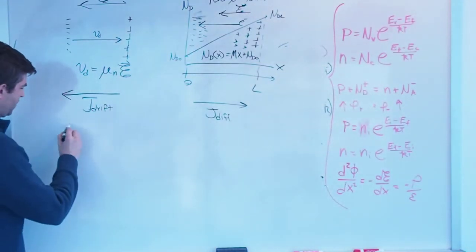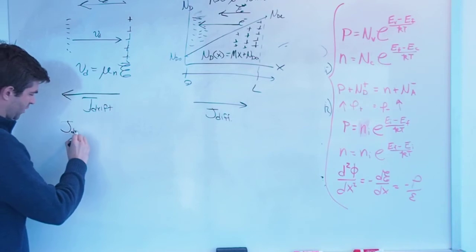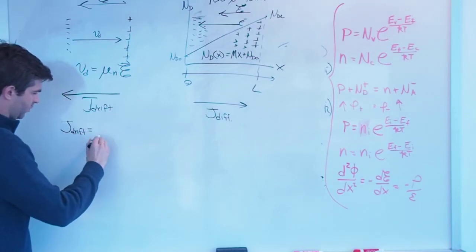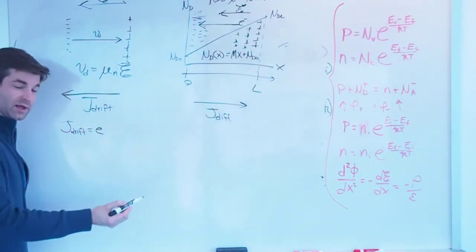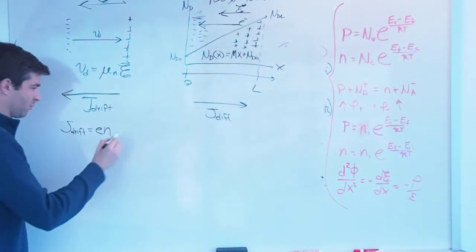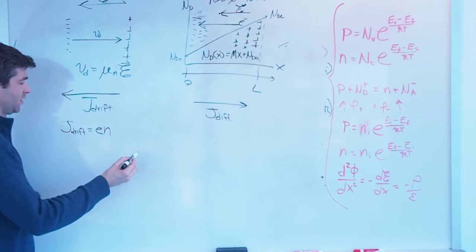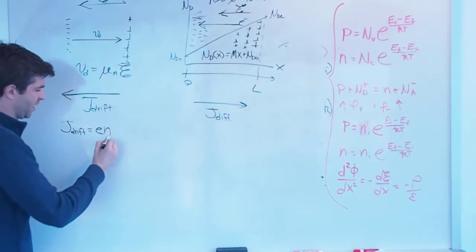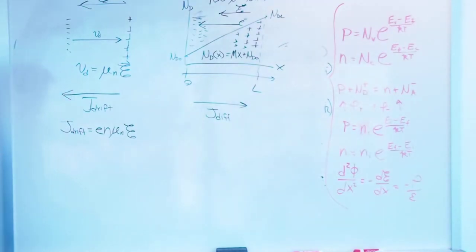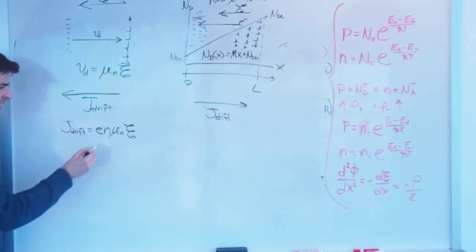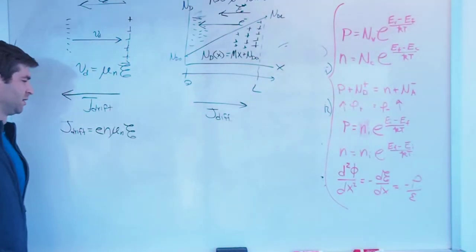So J drift for an electron is equal to the charge of the electron q times the number of electrons n times your Vd, which is just mu sub n E. Mu sub n is a constant, and n is how many electrons you have, right?